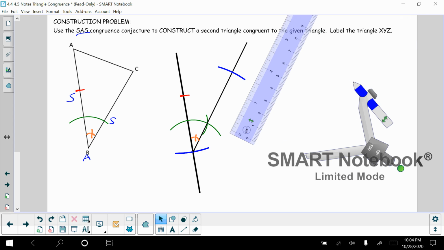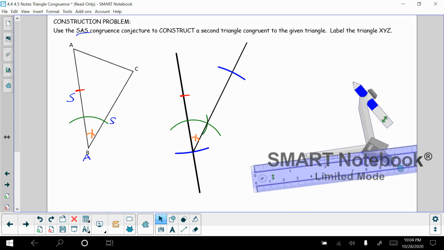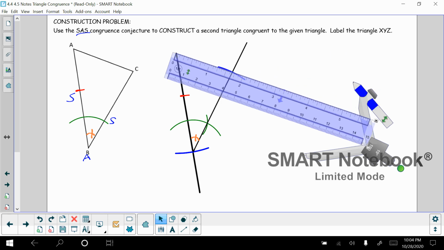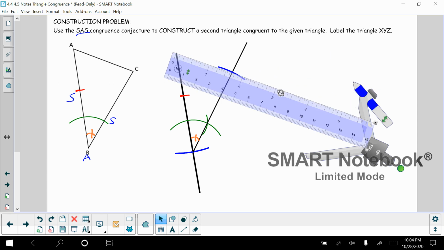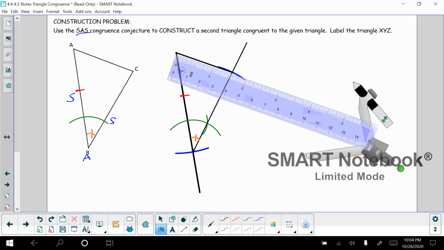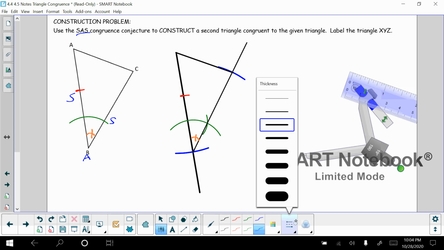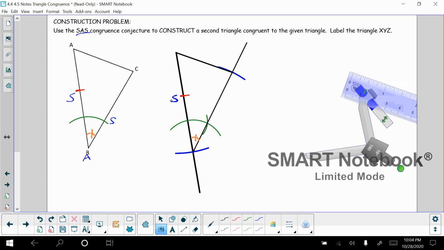Okay, so now all I have to do is connect my starting point that was over here to that last final arc. And then so you can see I copied this side to this side.